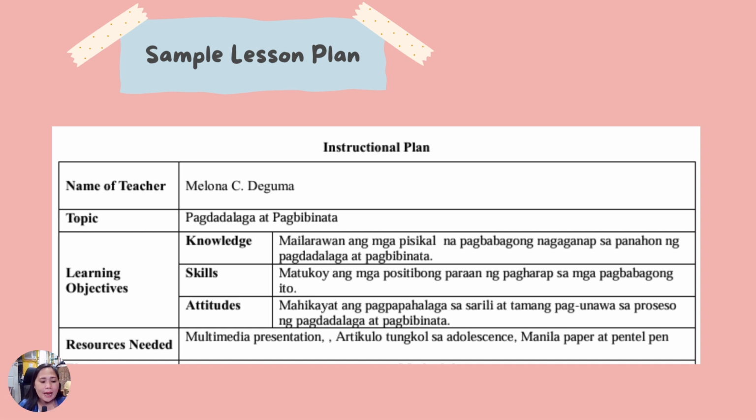Then we have attitudes. It's more on affective. If knowledge is cognitive or mind, skills is more on muscles, more on our bodily movements, performance. For the attitudes, it's more on our affective, the heart. So mahikayat is encourage.